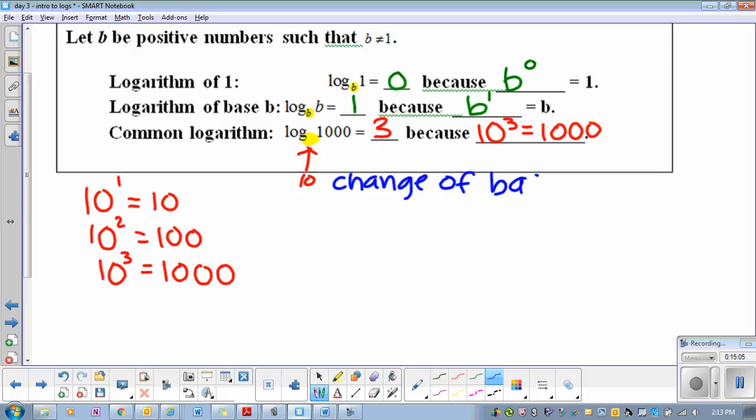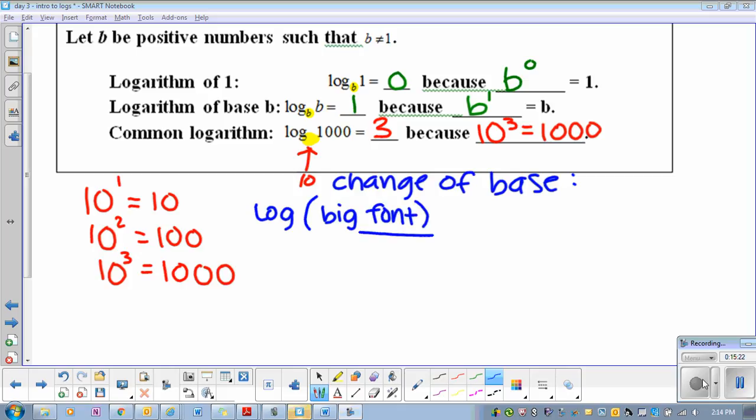Change of base is log big font divided by log small font. Okay, I'm going to tell you what that means, but I need you to write this. Log of big font, not the number, but the size, the font size, divided by the log of the small font.